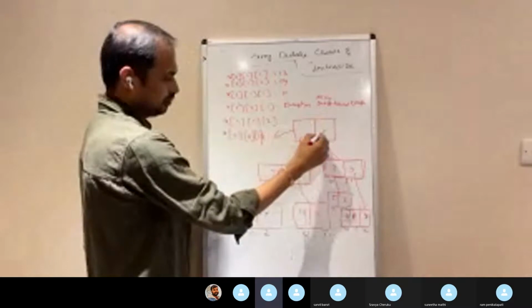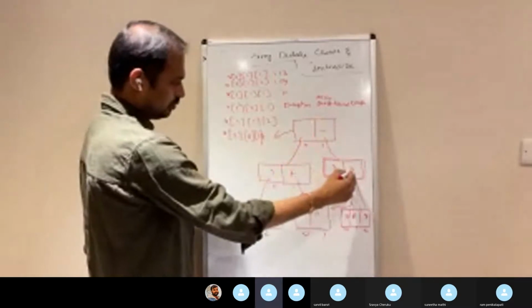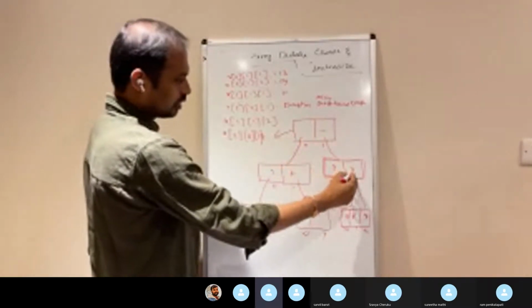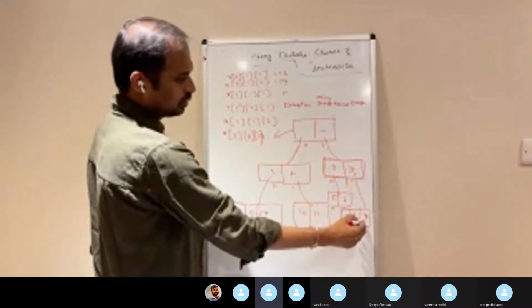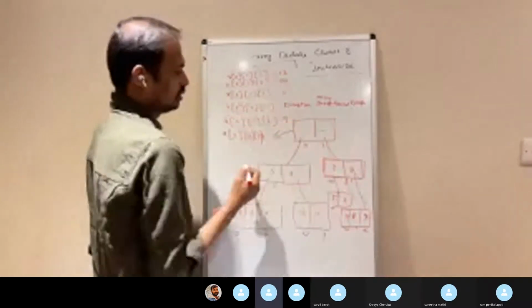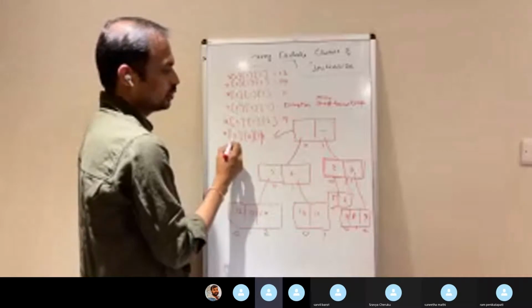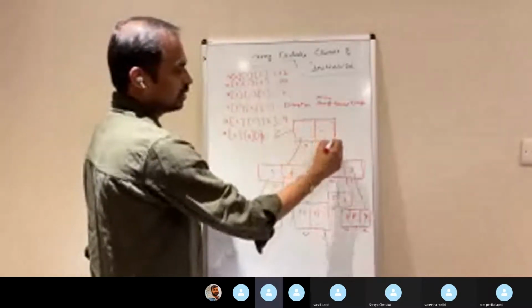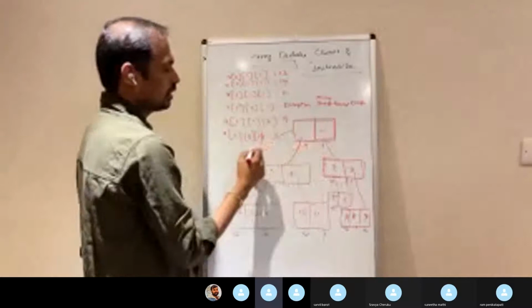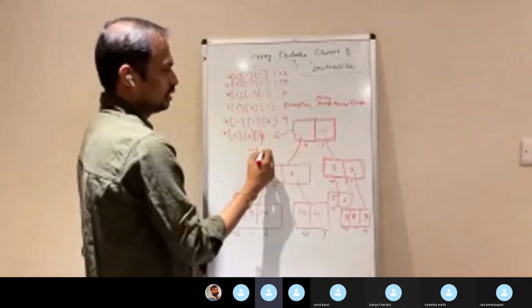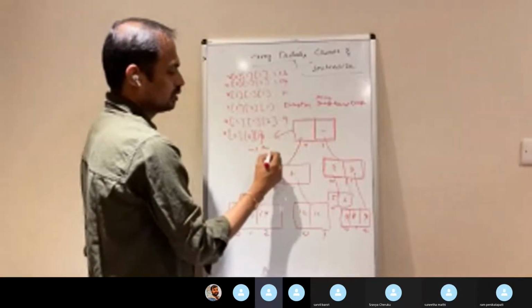So x of 1, 1 of 1 is 4, and 1 of 2 is 9. Do we have 2 here? Only 0, 1. So here also it is going to throw an array out of bound exception.